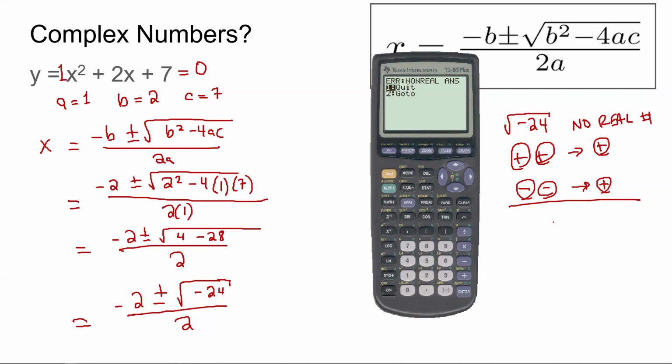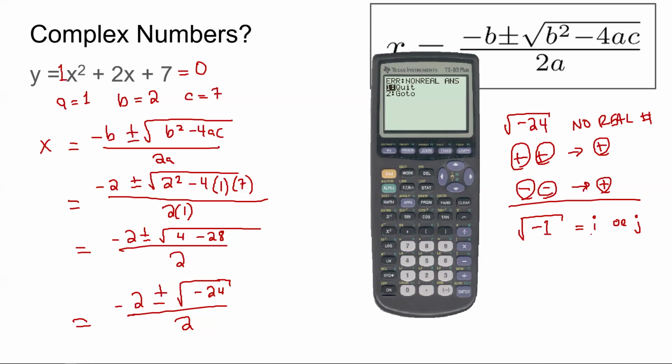So what they did was they said, all right, fine. Let's just define the square root of negative 1 to be equal to a number. Now, I always used i. Engineers like to use j. I can't tell you why, but that i is not a real number.